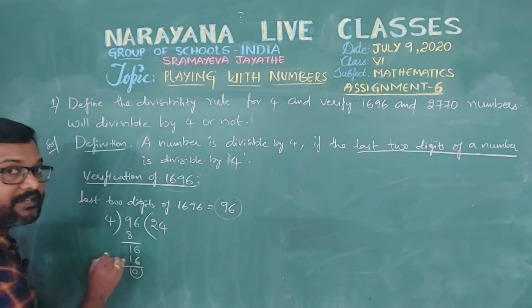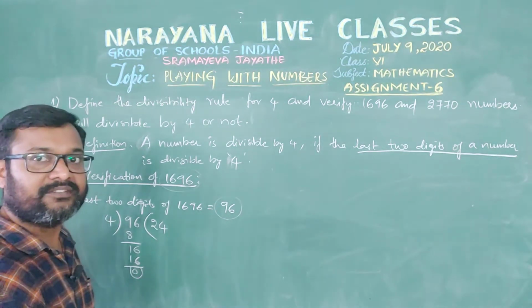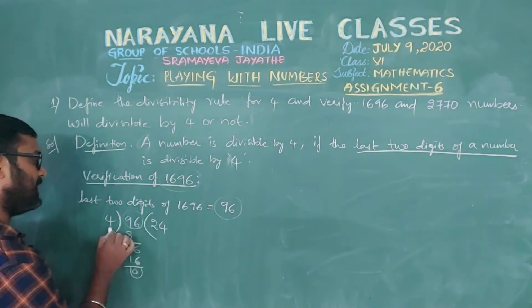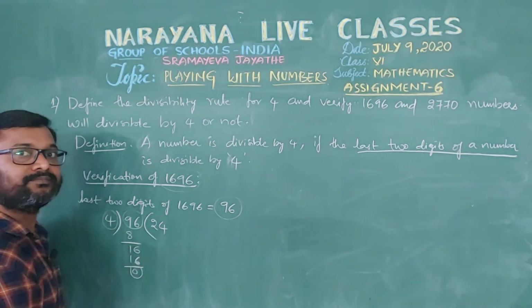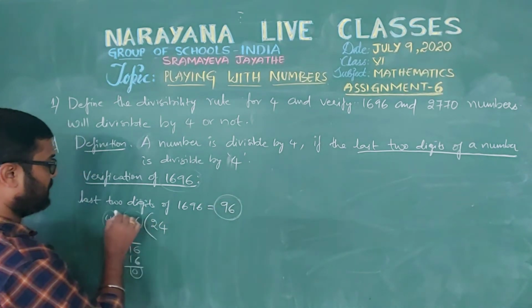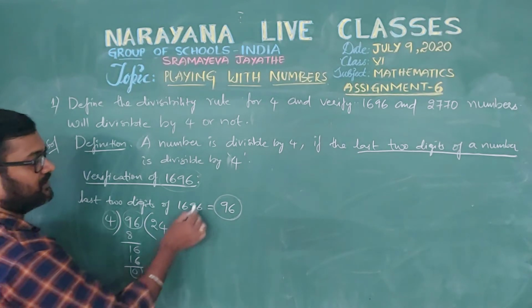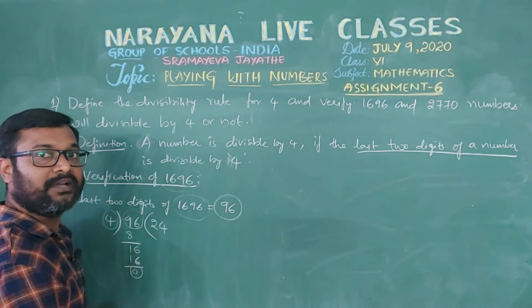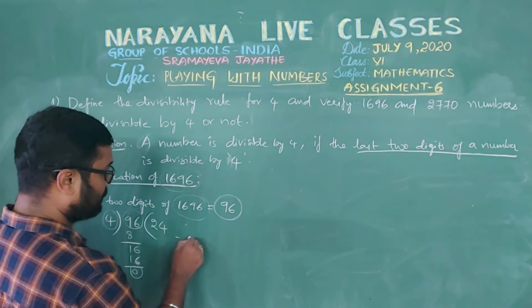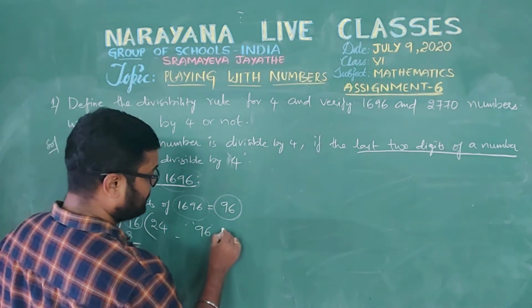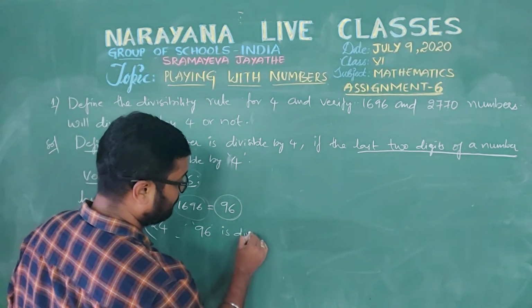Isn't it? 0. If the remainder is 0, then that number is exactly divisible by 4. So if last two digits are divisible by 4, then the number is divisible by 4. So therefore 96, the last two digits, is divisible by 4.